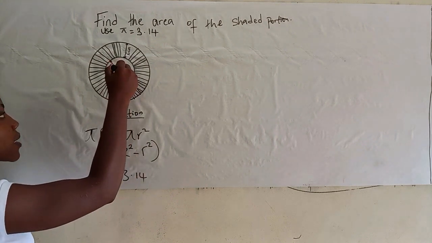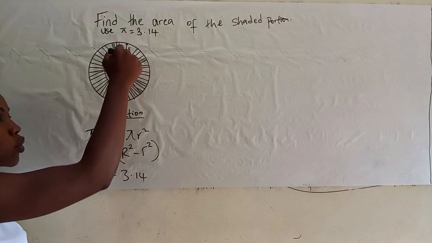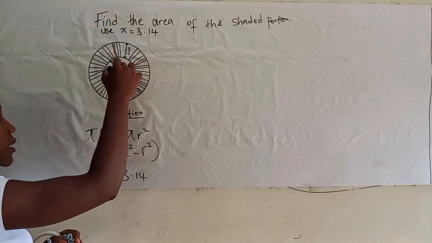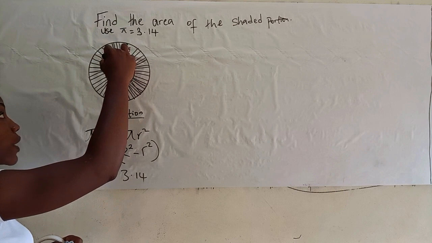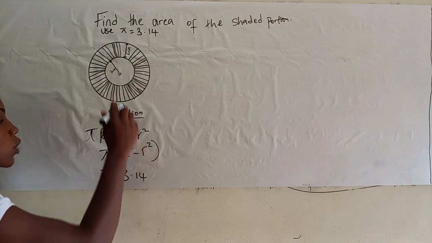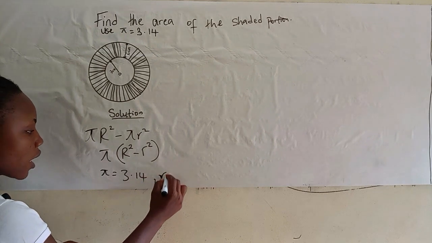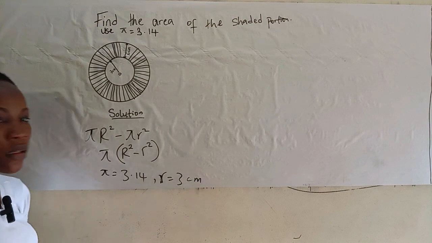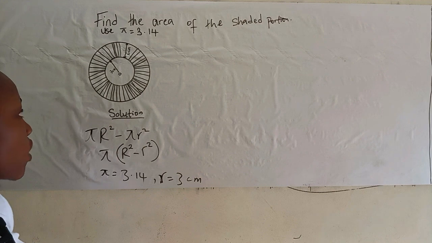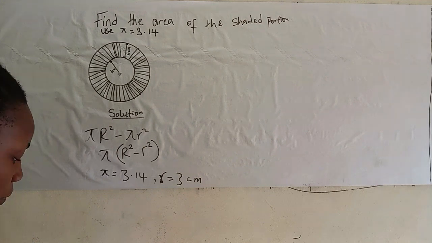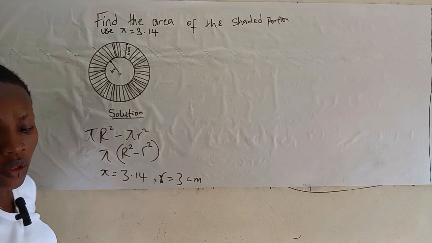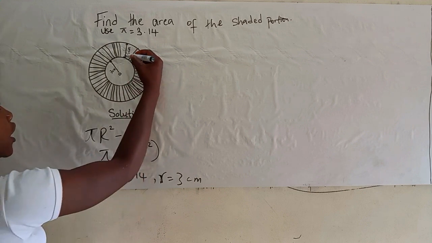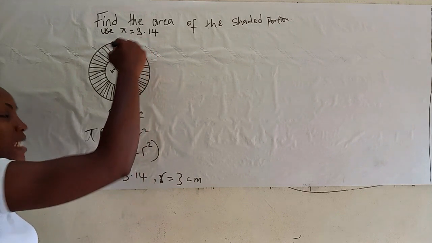Then our small r is what? This is the center of the two circles. From the center to this place is the small r, which is 3 cm. Then what's the value of our bigger R? We are given the value from here to here as 6 cm.